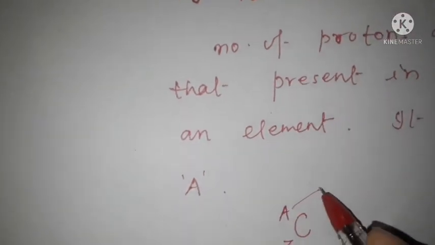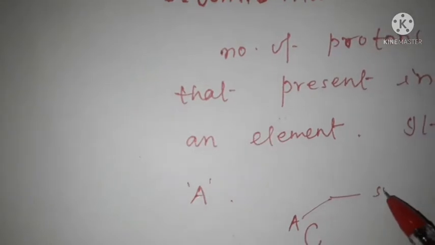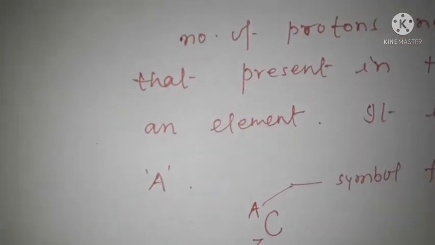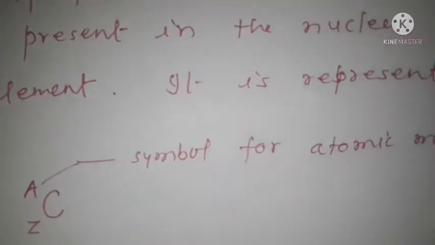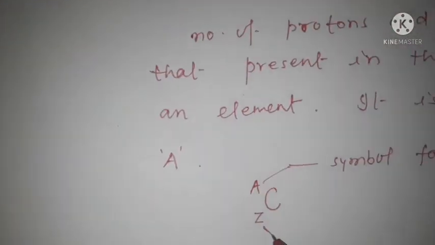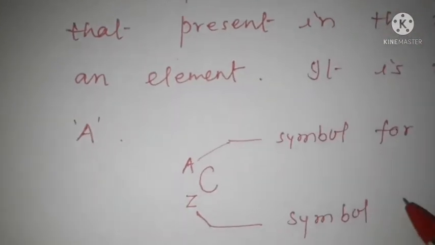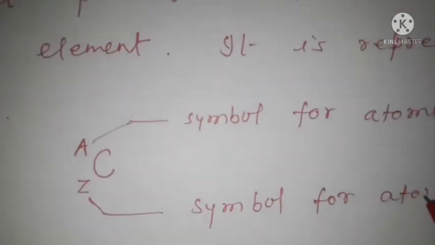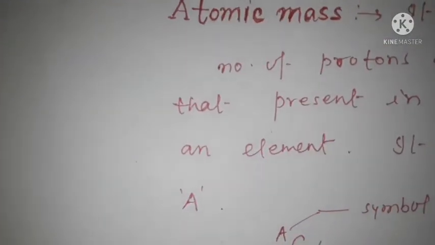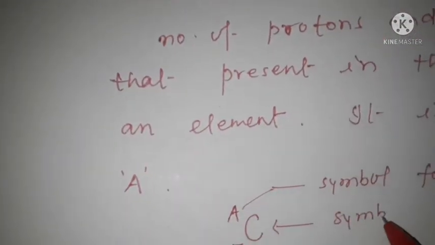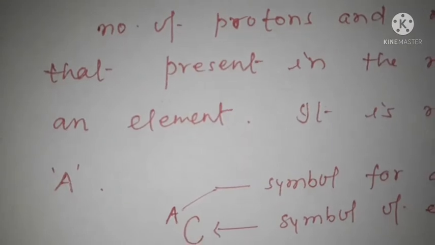A is the symbol for atomic mass, whereas Z is the symbol for atomic number, and C is the symbol of the element carbon.